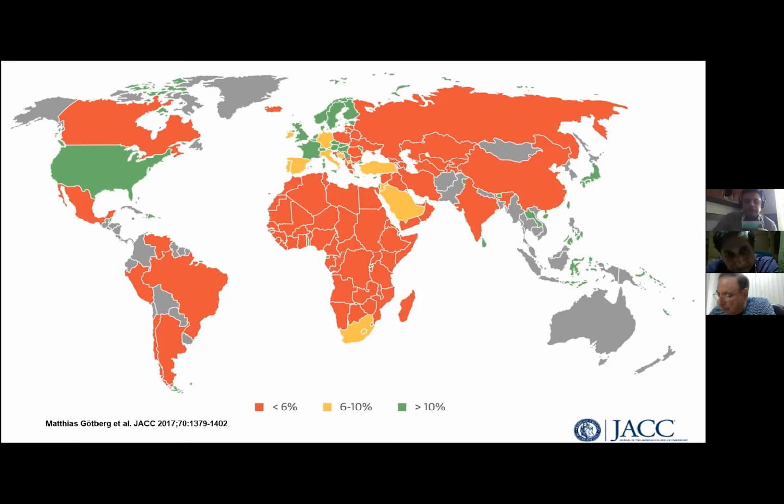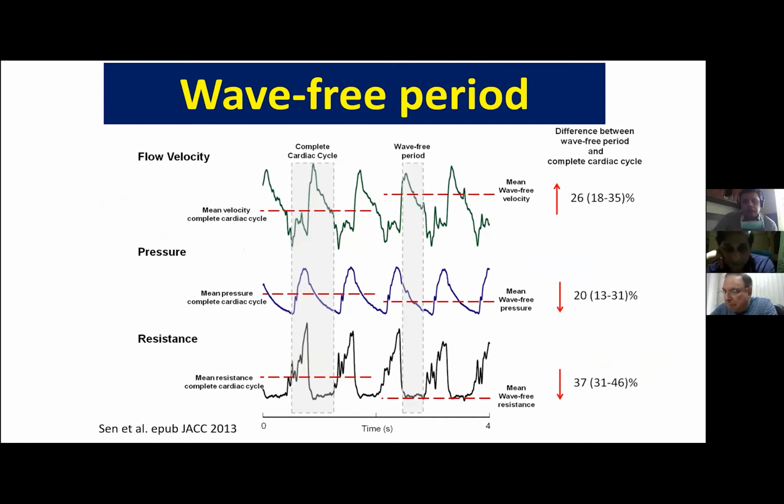So people started looking at techniques where we can do the Pd/Pa measurement, or assess the coronary stenosis, without using adenosine. Things made a breakthrough after the publication of Dr. Sen's PhD paper, which identified a period called the wave-free period in diastole, where the mean flow velocities are higher, the mean wave-free pressures are lower, and the resistances are low and constant.